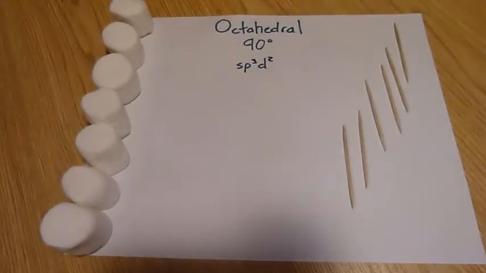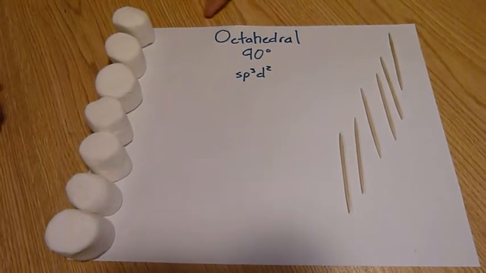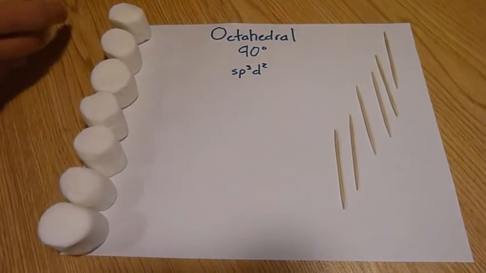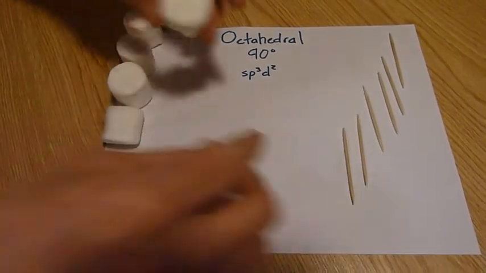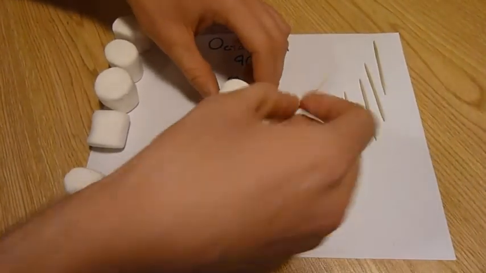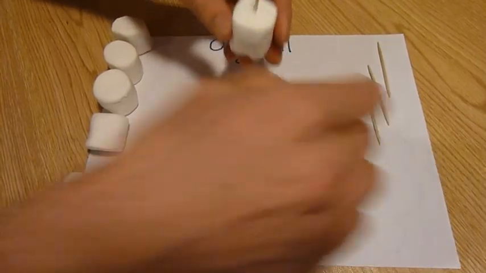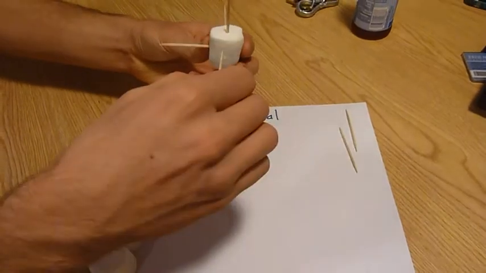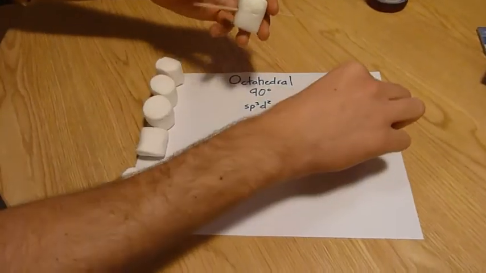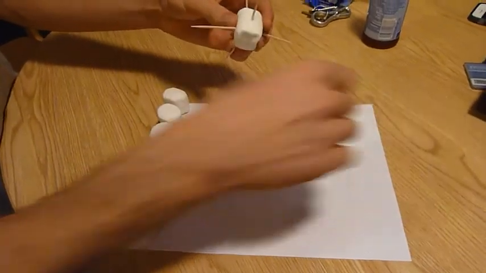So our next molecular geometric shape is octahedral, and for this one we have 7 atoms involved, and one of which is the central atom, around which are situated 6 bonds, each 90 degrees from each other, as far away from each other as possible.